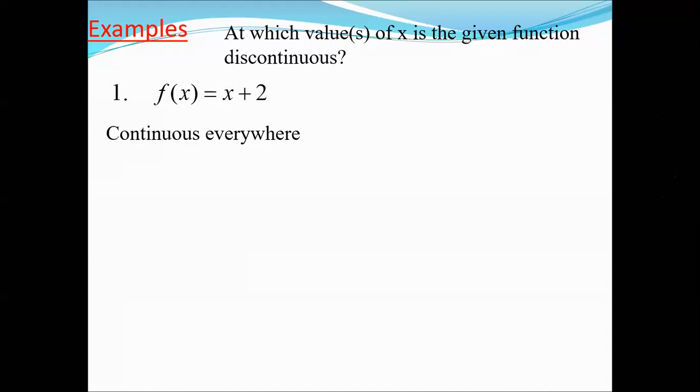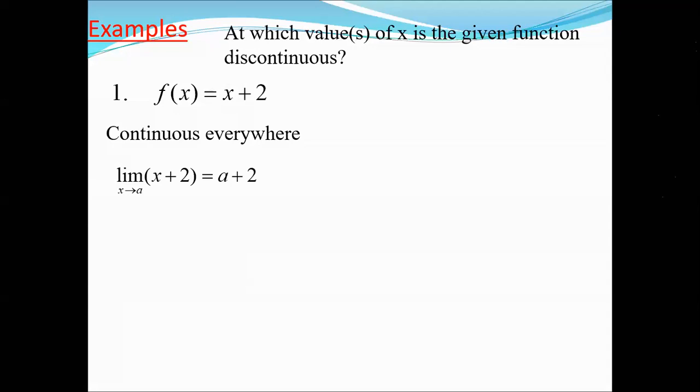From the left side or from the right side, x plus 2 is simply 7, because when x tends to 5 from the left side, it becomes 5 plus 2, that is 7, and from the right side again it is 5 plus 2, that is 7. So f(x) equal to x plus 2 is continuous everywhere.